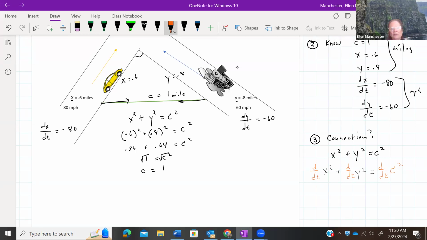Okay, just implicit differentiation. That's all I'm doing. And notice now, because I'm basing it on time, my variables are all different, which is where implicit differentiation comes in.